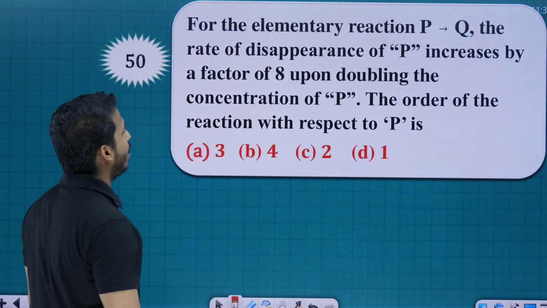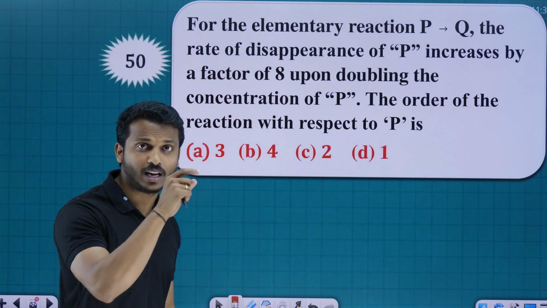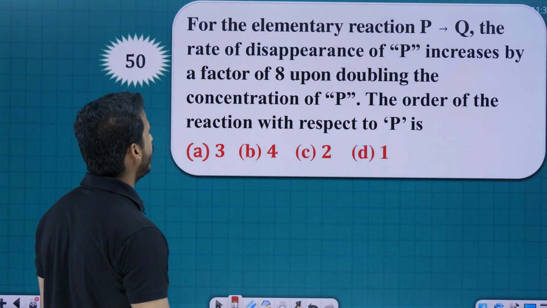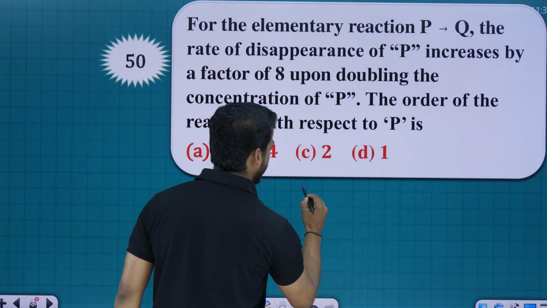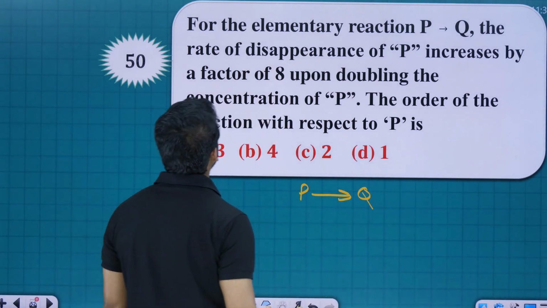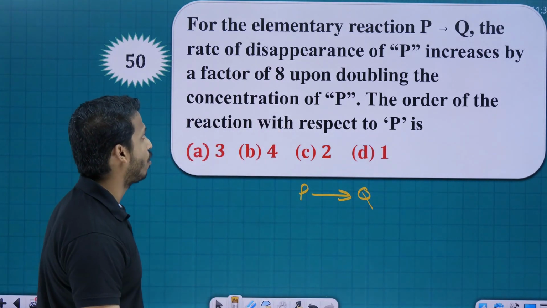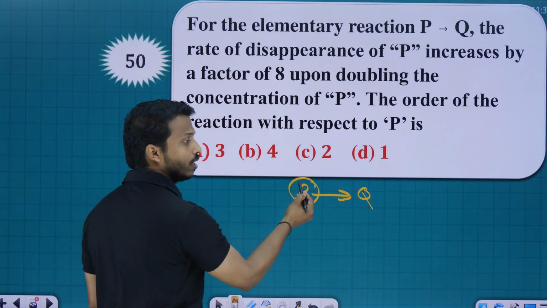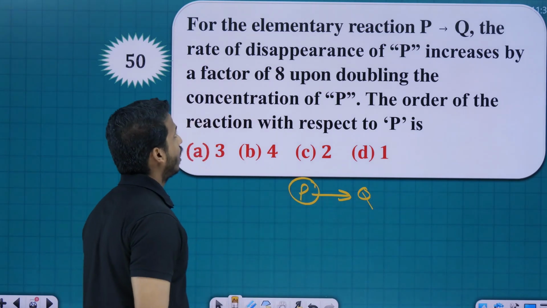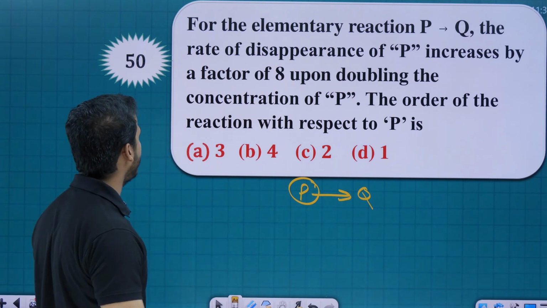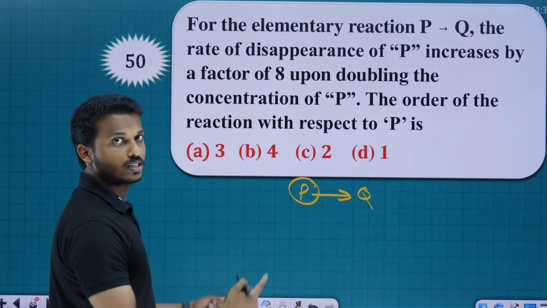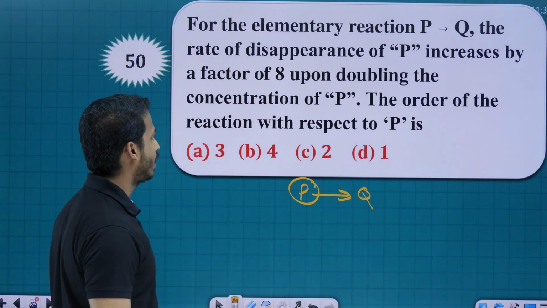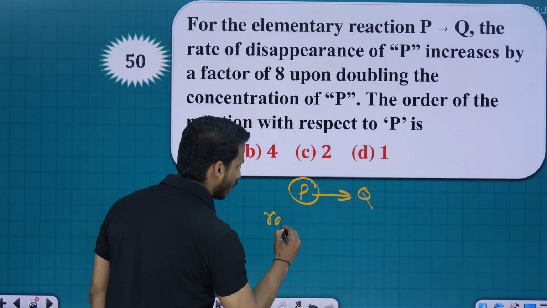Okay. Next, for the elementary reaction, what do you mean by elementary? It happens in a single step. P gives Q is the reaction. The rate of disappearance of P increases by, P is the reactant, right? It will decrease. Rate of disappearance of P increases by a factor of 8 upon doubling the concentration of P. So can you tell me the rate law?